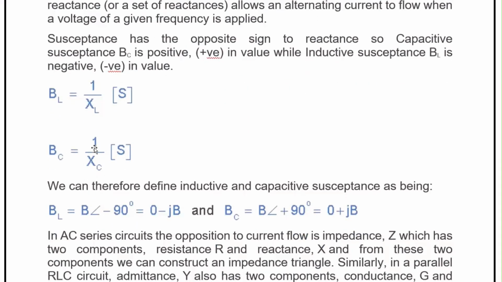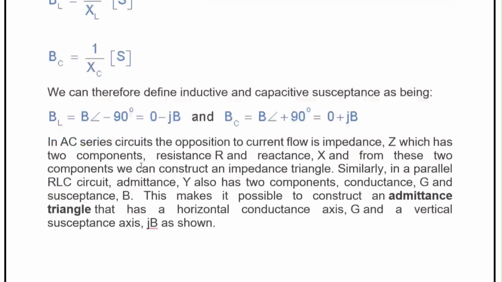BC is 1 upon XC Siemens. Okay, BC is capacitive susceptance and XC is capacitive reactance. BL is inductive susceptance and XL is inductive reactance.